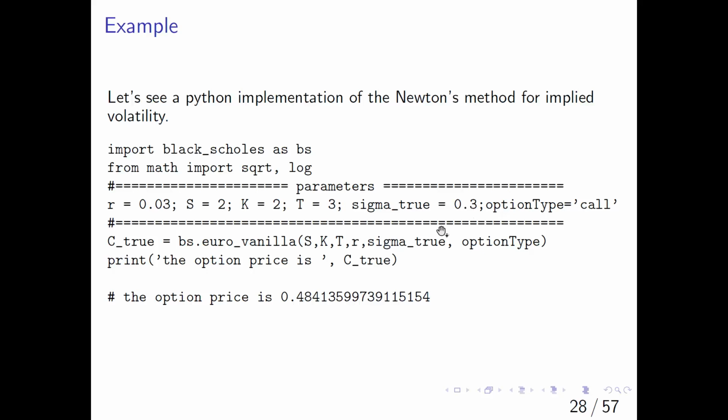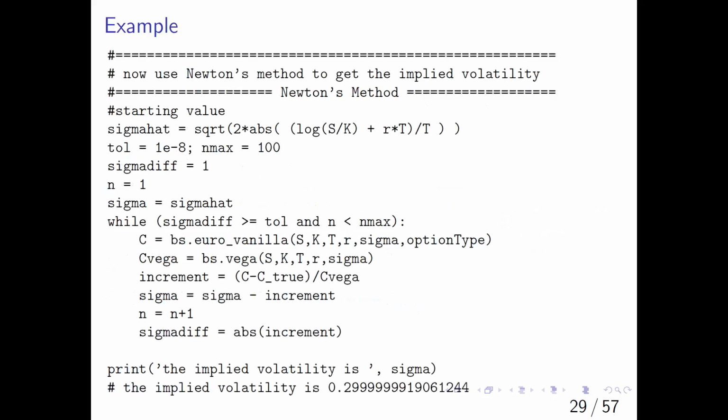Now once I get the option value, I want to test my Newton method. I want to see whether my Newton method can help me find an approximation close to 30%. Essentially, I want to test whether my Newton method works or not.